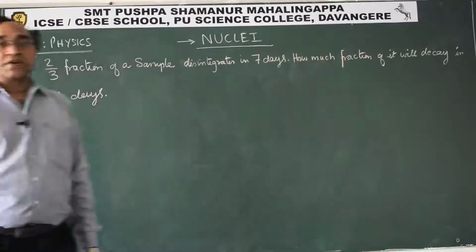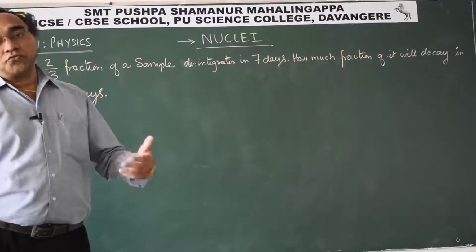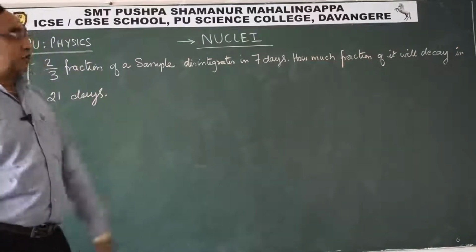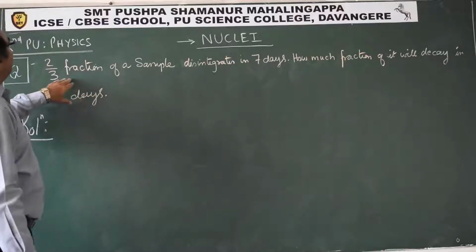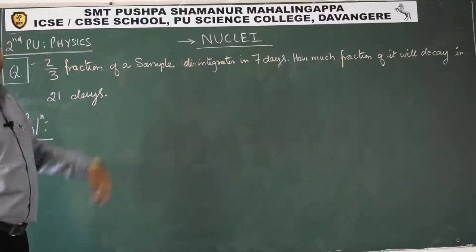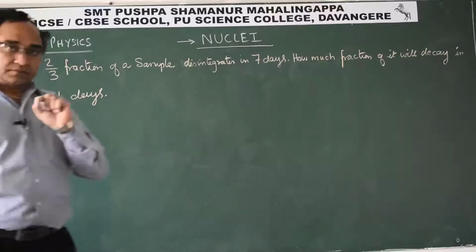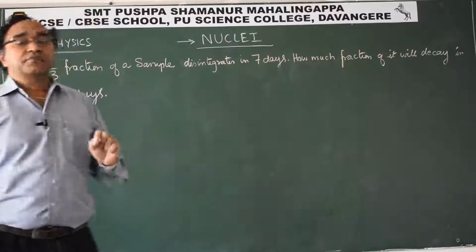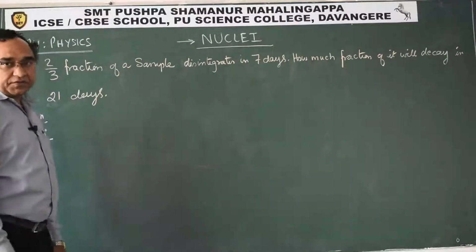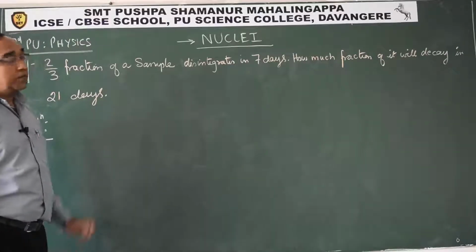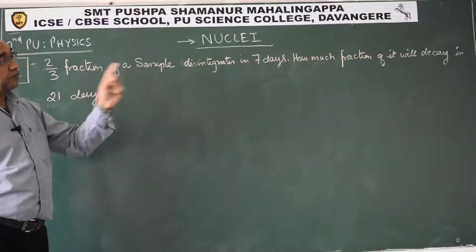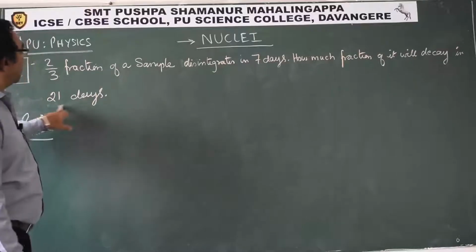Well students, let us take one more question to highlight how to use the decay equations. 2/3 fraction of a sample disintegrates in 7 days. Please understand, 2/3 fraction of a sample disintegrates in 7 days. How much fraction of it will decay in 21 days?